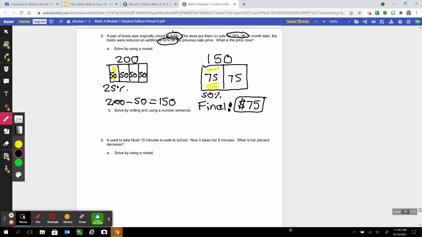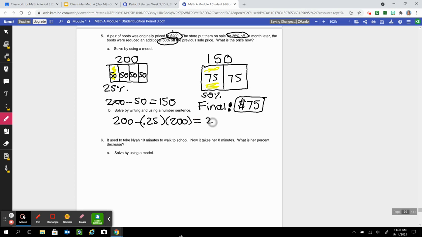One way that we could do this is multiplying 200 and taking away 25% of 200. That's the easiest way to do this. So start with that first transaction.